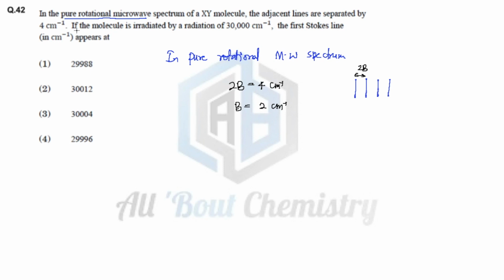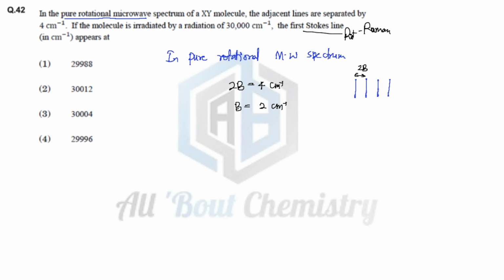Now the second part of the question says that if the molecule is irradiated by radiation of 30,000 centimeter inverse, the first Stokes line appears at. So Stokes line, obviously we will get it in Raman spectroscopy, right? Since you are doing rotational, this question is basically from your rotational Raman spectroscopy.